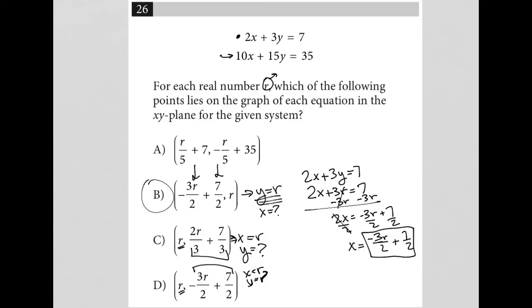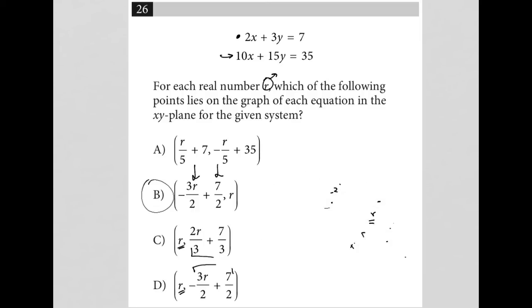I could try choice C and D if you want to prove to yourself that B is a great answer. For choice C, for instance, we're saying that x equals r, and we want to know what y equals. So let's see what happens when x is r. I would start off with 2x plus 3y equals 7, but that would turn into 2r plus 3y equals 7. What am I solving for? I'm solving for y.